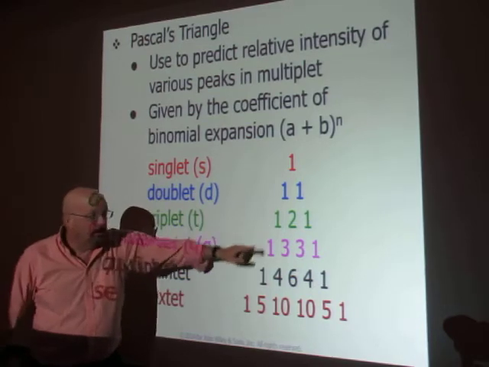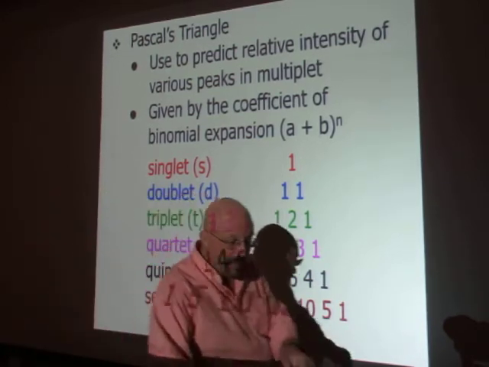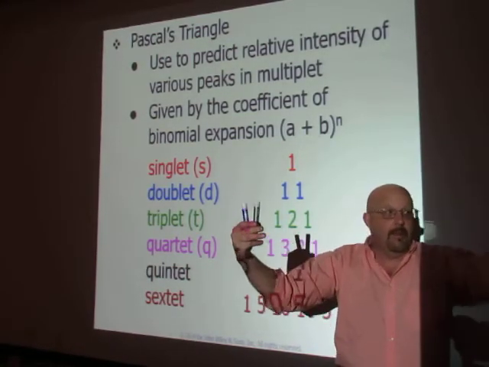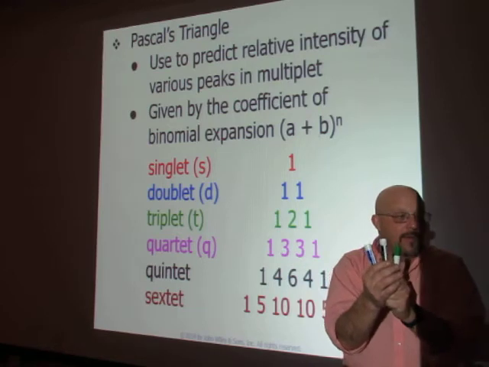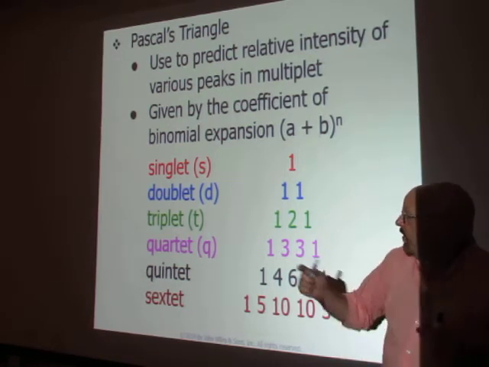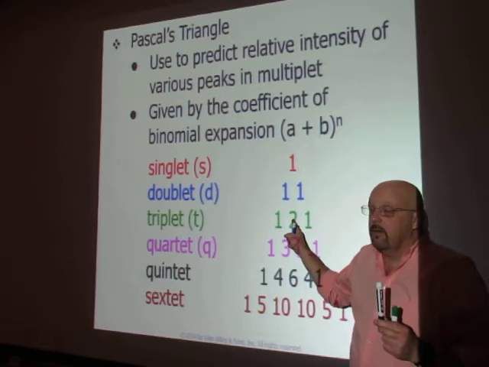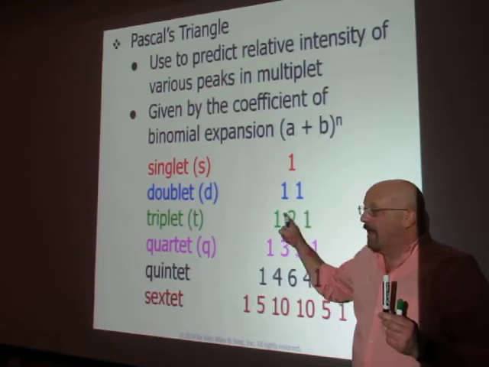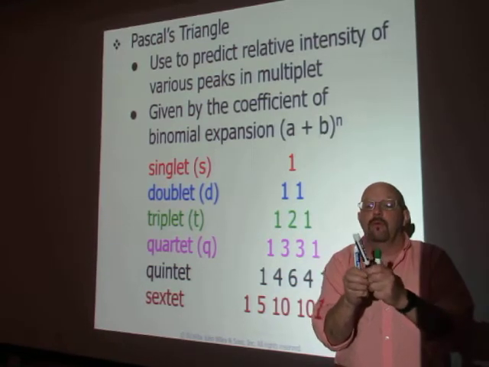A triplet, so I used a triplet there as my example a moment ago. I had the markers, and I said, is that a doublet and a singlet, or do they belong together? If they belong together, then the middle line should be twice as big as the two on the outside. And the two on the outside should be about the same size.